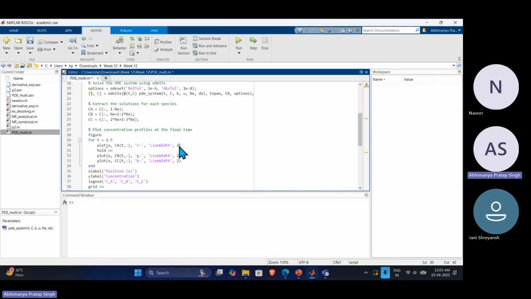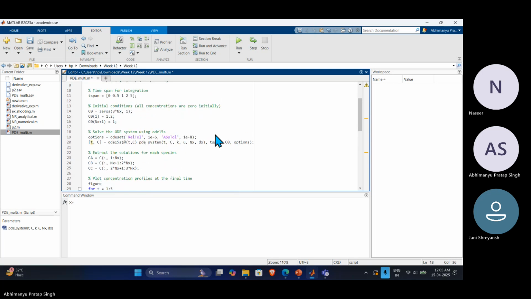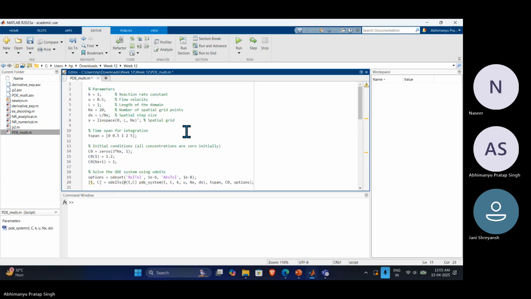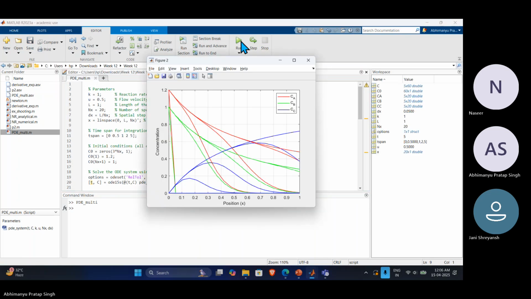Okay, and I will just decrease the line width a little bit.